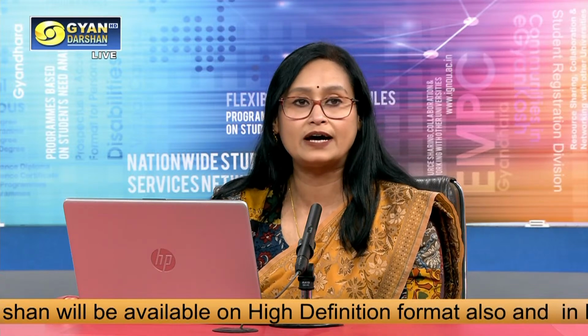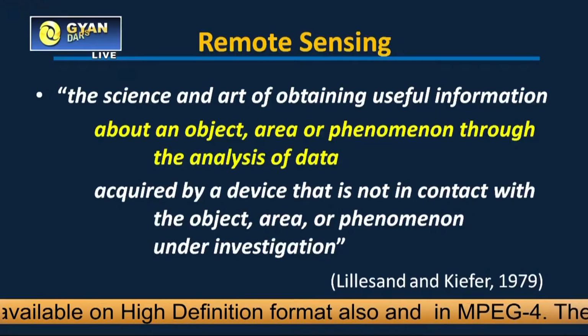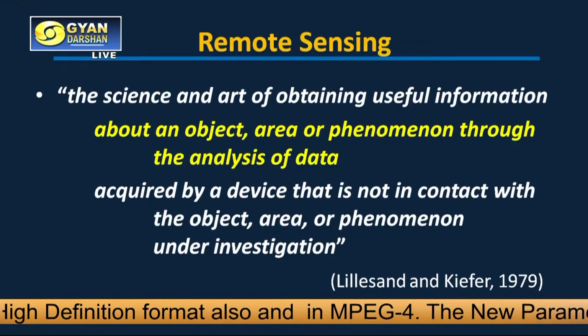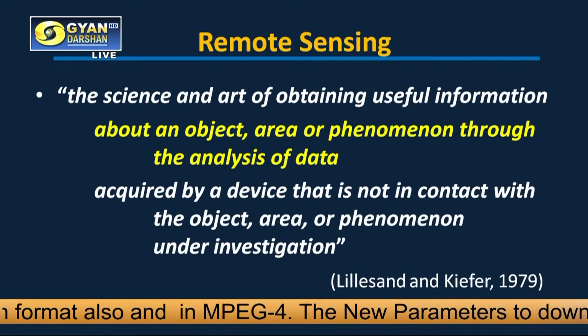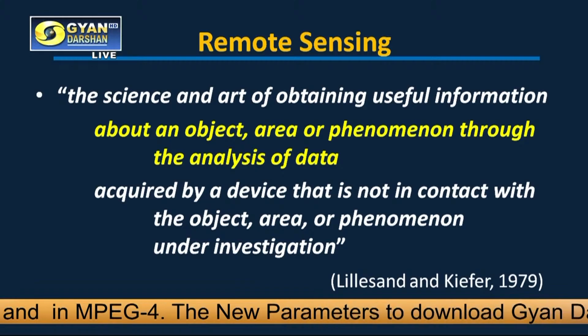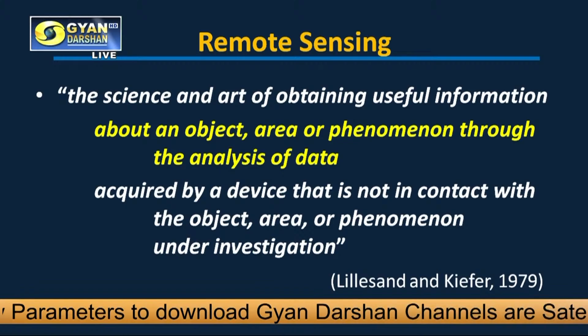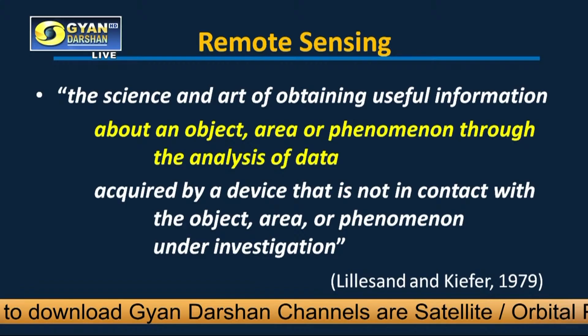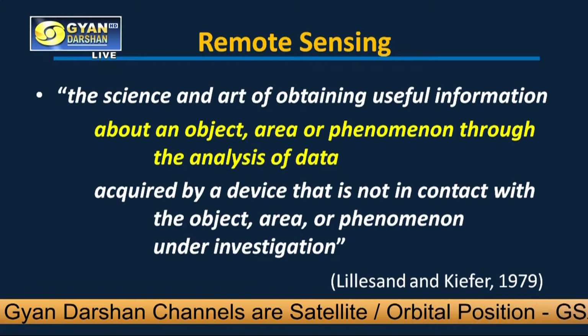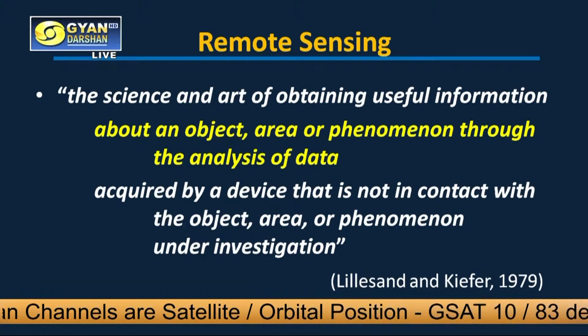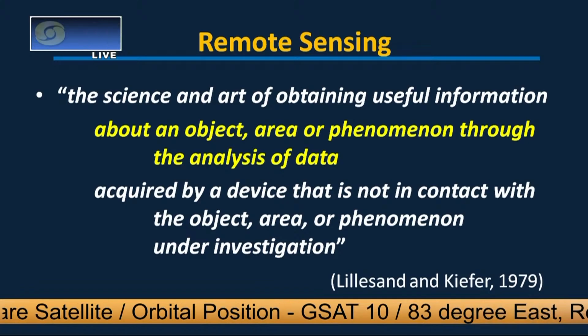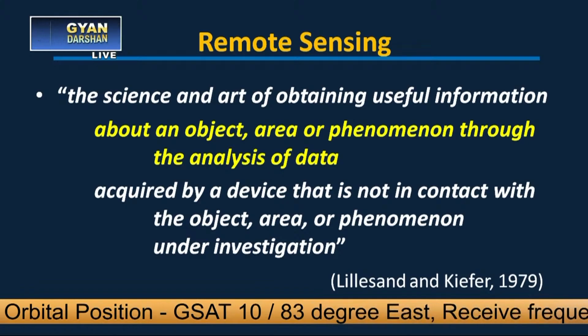If we define it, remote sensing is the science and art of obtaining useful information about an object, area, or phenomenon through the analysis of data acquired by a device that is not in contact with the object, area, or phenomenon under investigation.